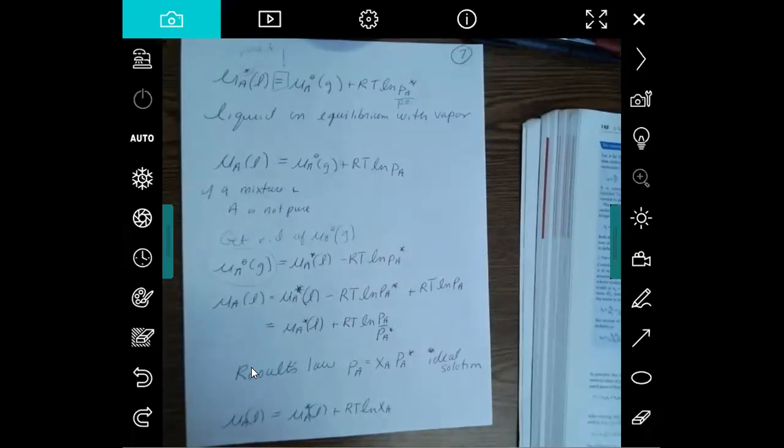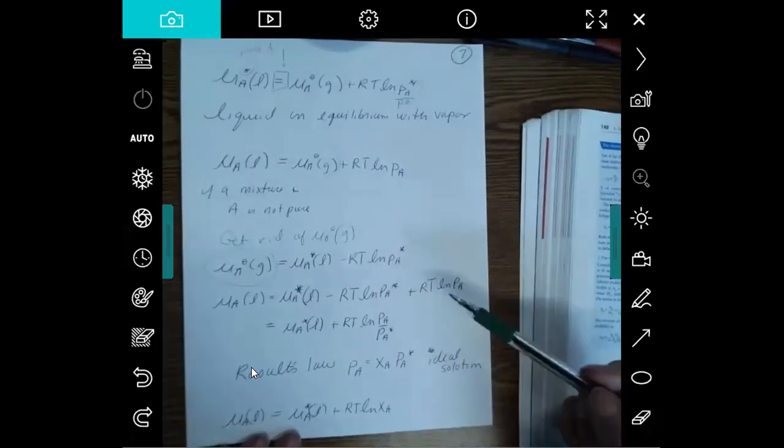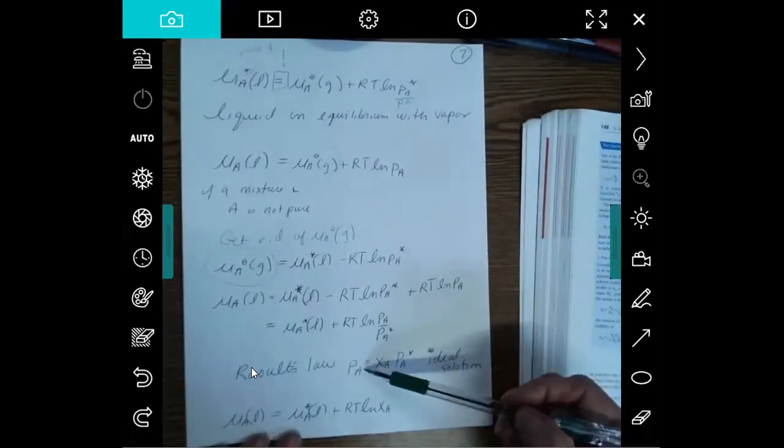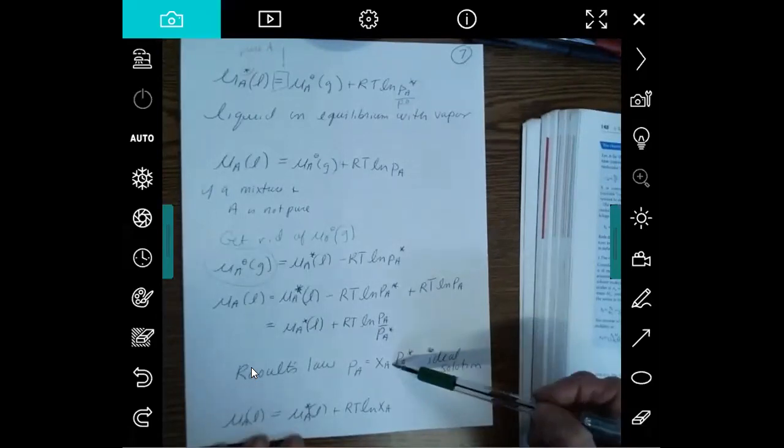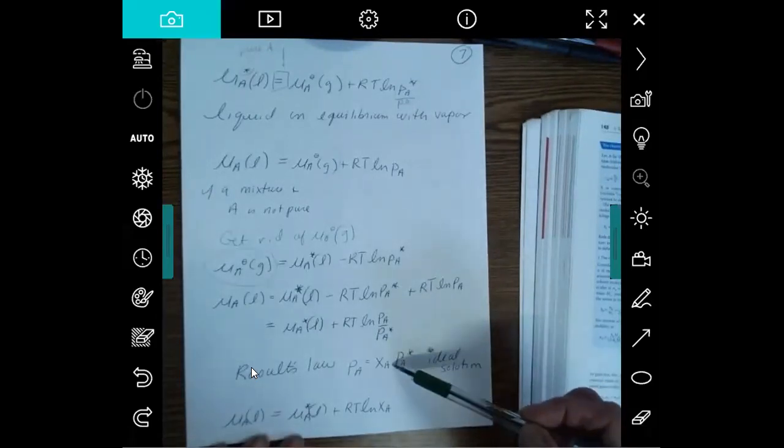So Raoult's law says that for an ideal solution, the vapor pressure of A above a solution is going to be related to the vapor pressure of pure A, with the proportionality constant being its mole fraction.